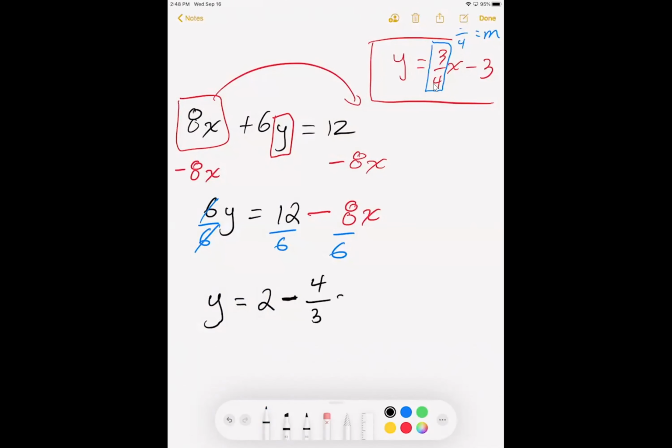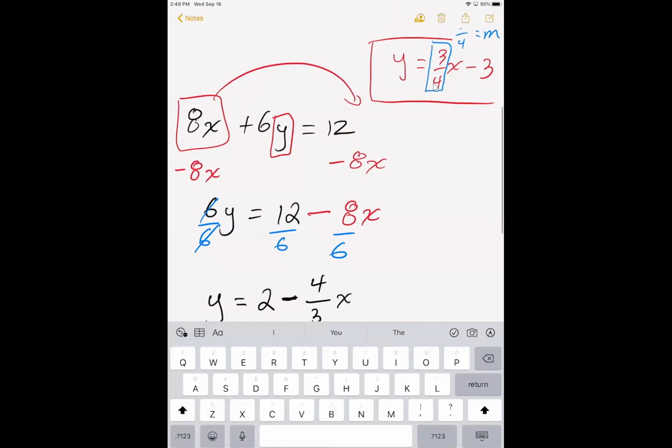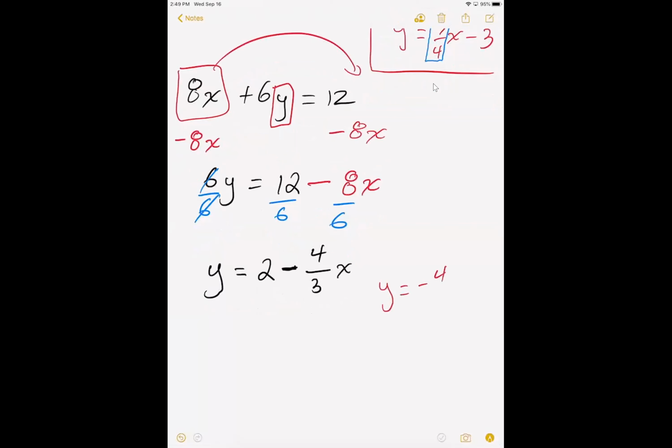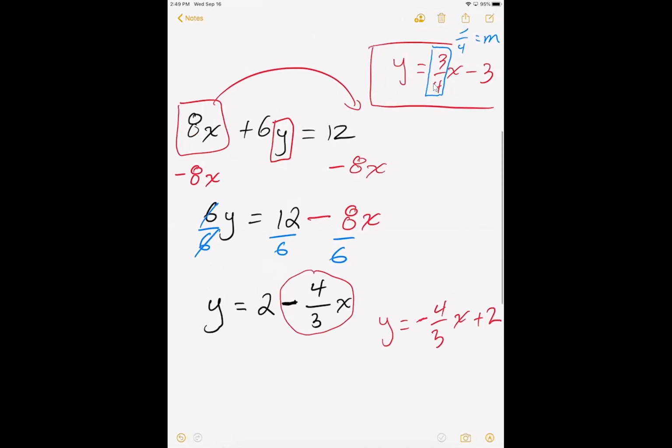If you see this item and you want to convert to the item we have in the set, y is equal to negative 2/3 x plus 2. If you want to move the x in front, that's fine. It doesn't change anything. Wherever the x goes, the negative has to go with it. So I have a negative 2/3.